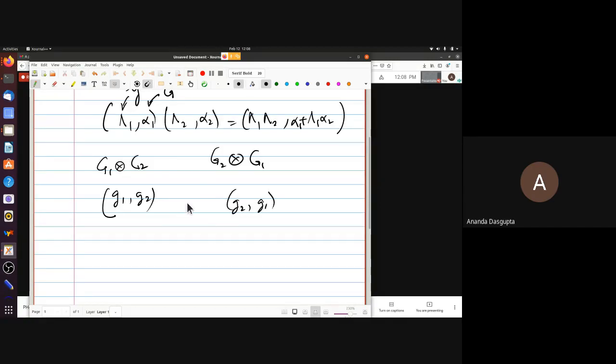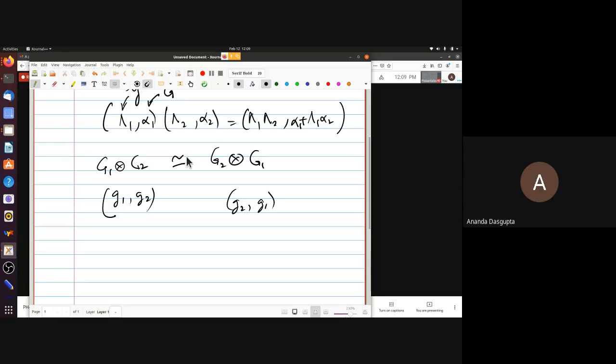However, there's an obvious one-to-one correspondence between them which preserves group structure. So these two things are isomorphic, and that's the reason why we don't bother distinguishing between isomorphic groups. It's obvious that G1 direct product G2 and G2 direct product G1 are one and the same. There is really no difference between them except in the formal way of writing down the elements; when you list them, they look different at first sight.